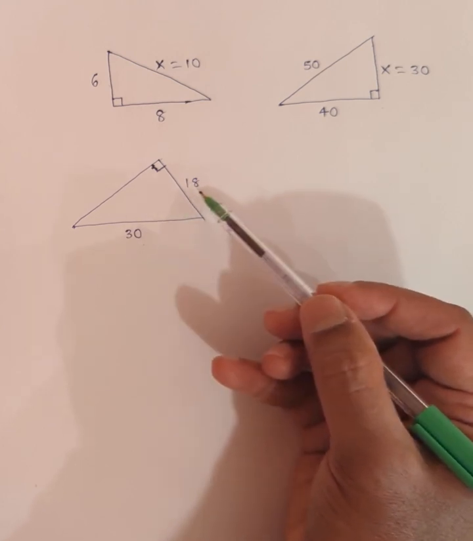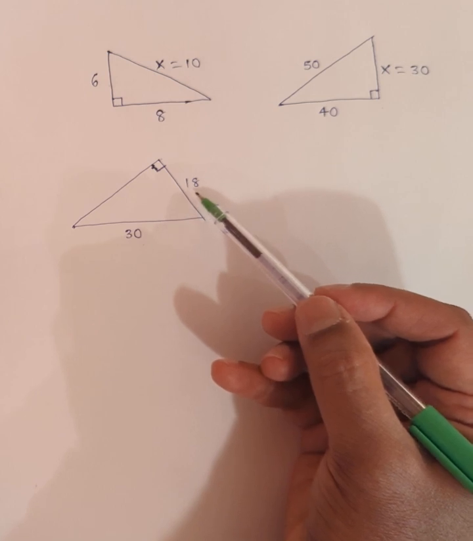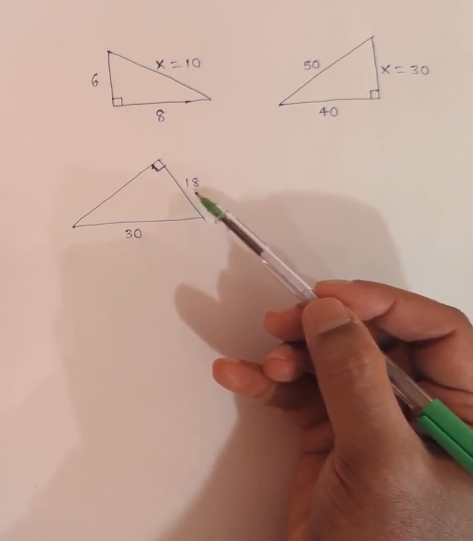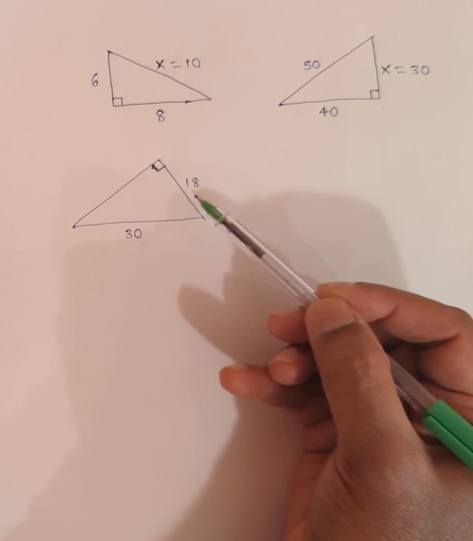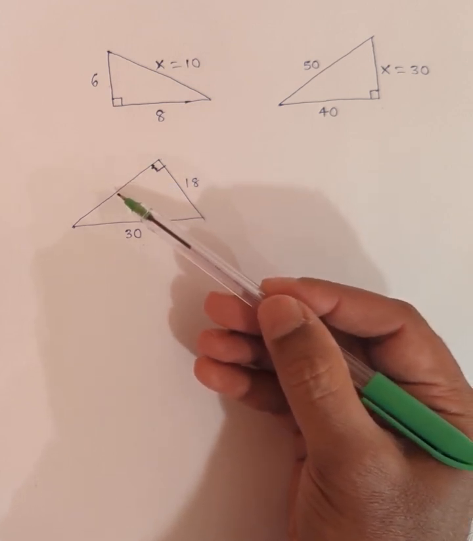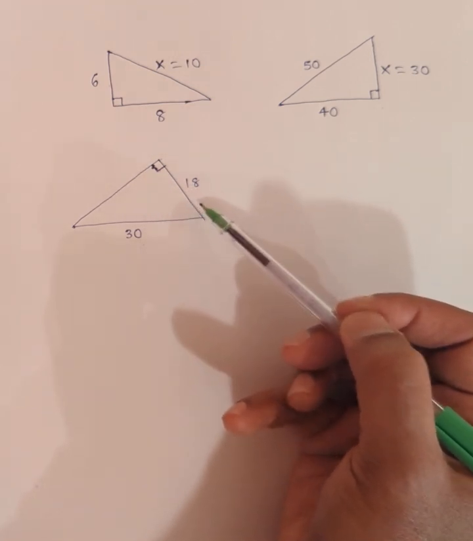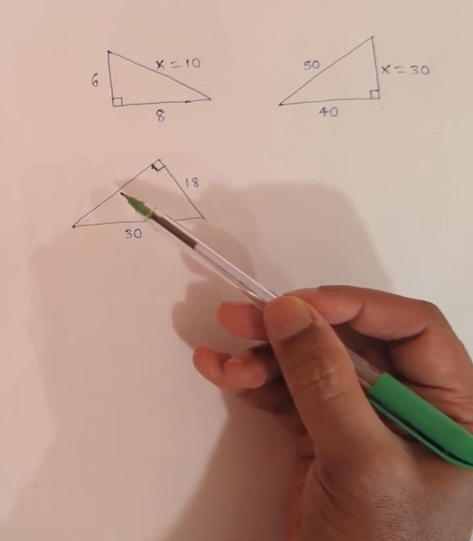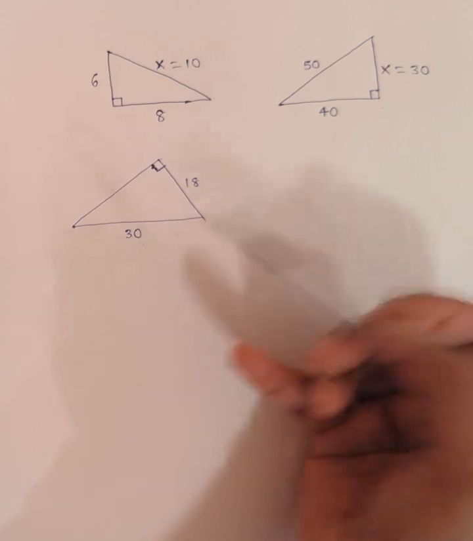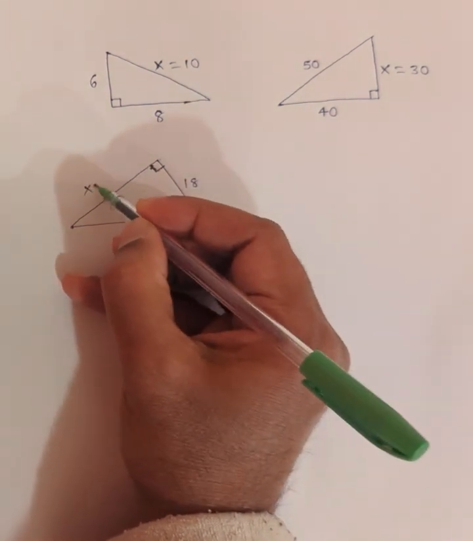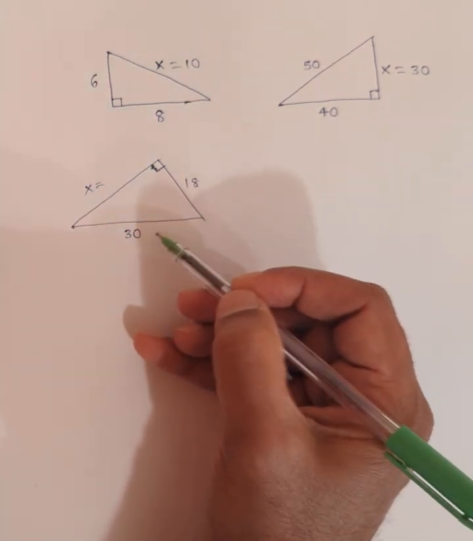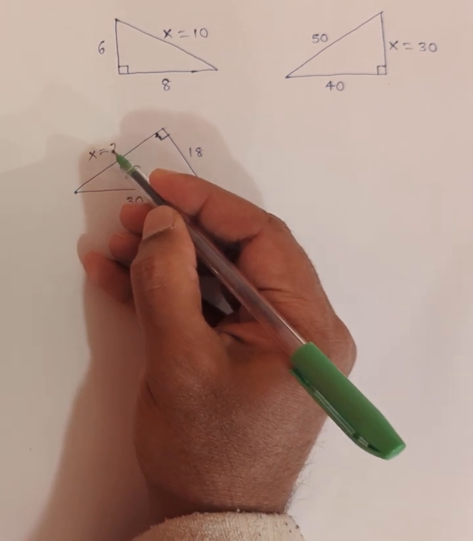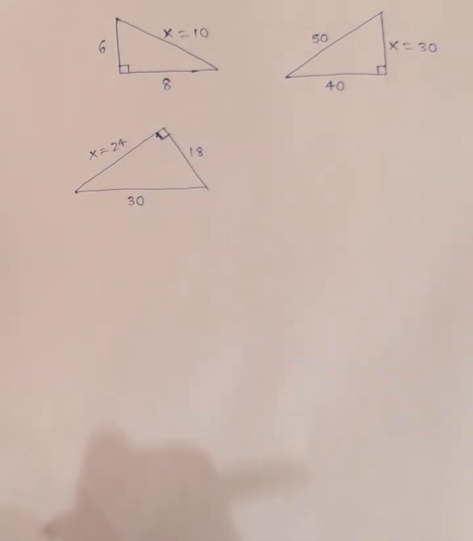So when you remove the common factor of 6, you see 3 and 5. Then you've got to have 4 here. So if one leg is 3 and the hypotenuse is 5, the other leg has to be 4. This is 6 times 3, 6 times 5, so this would have to be 6 times 4, which is 24.